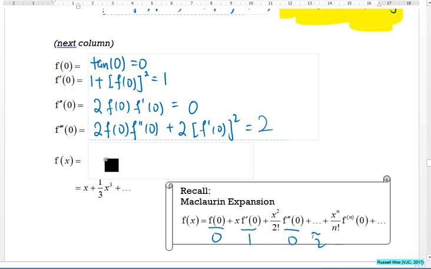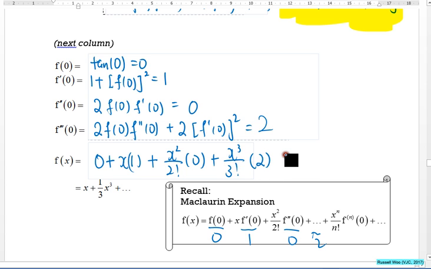So I'm going to substitute. I get 0 plus x times 1 plus x squared over 2 factorial times 0 plus x cubed over 3 factorial times 2 plus so on. You know how I got this term or not?